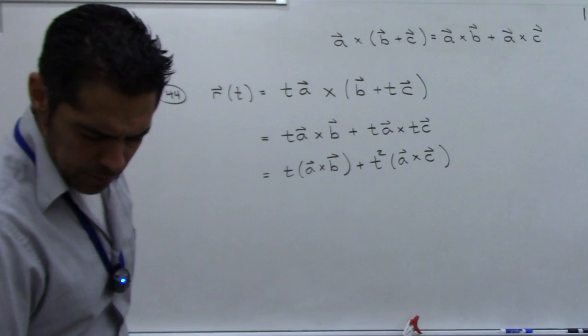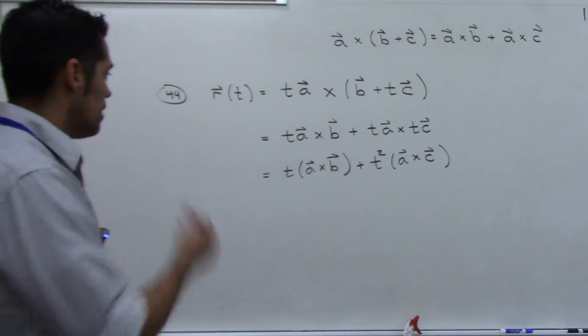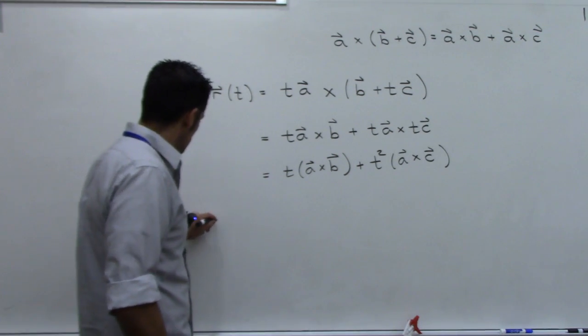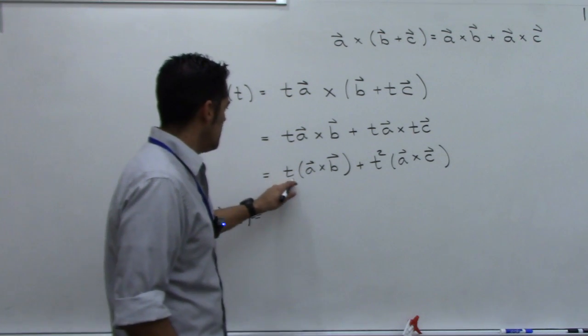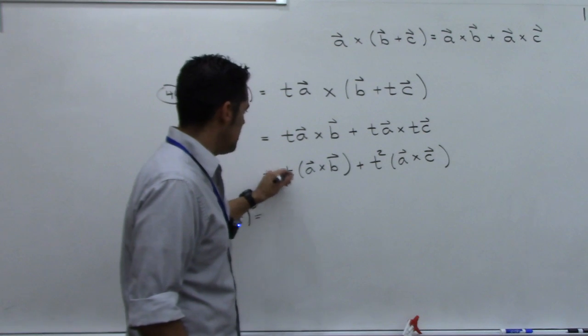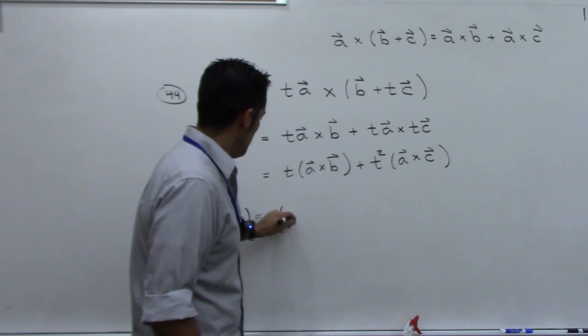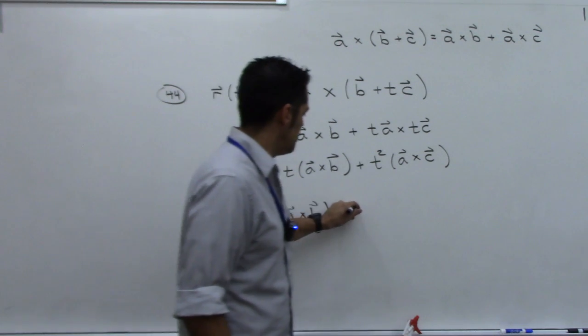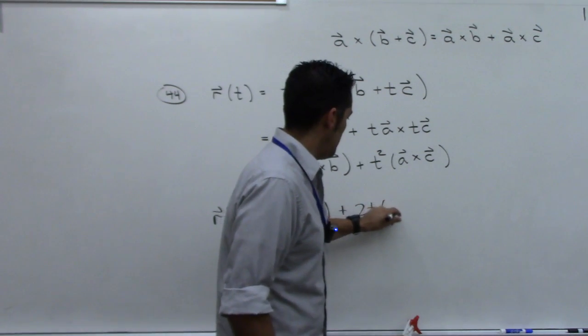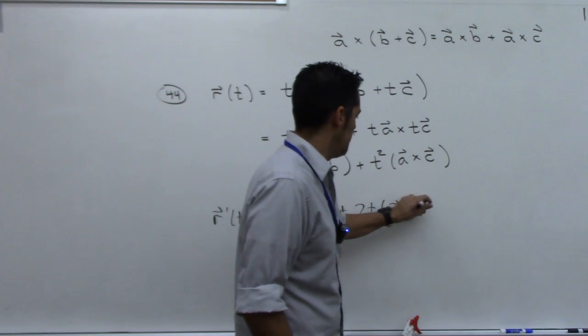Yeah, that's it. So now we just take the derivative. So the derivative of this, you just take derivative of the t part. So derivative of that is 1 times that. So A cross B plus derivative of that, which is 2t, and then A cross C.